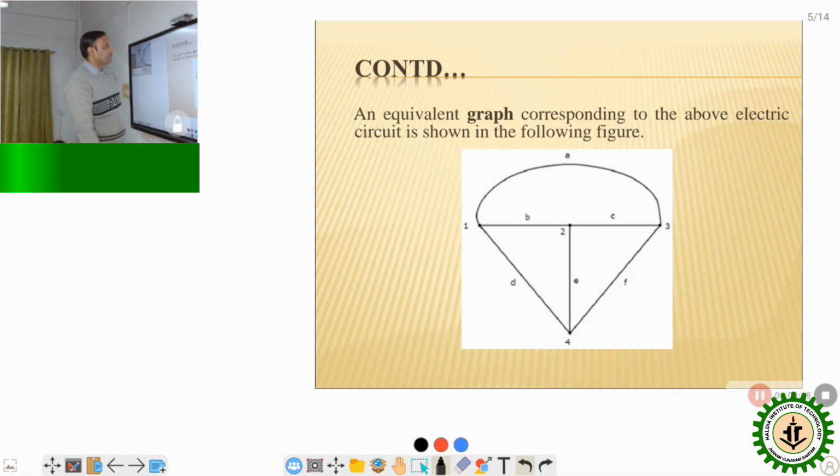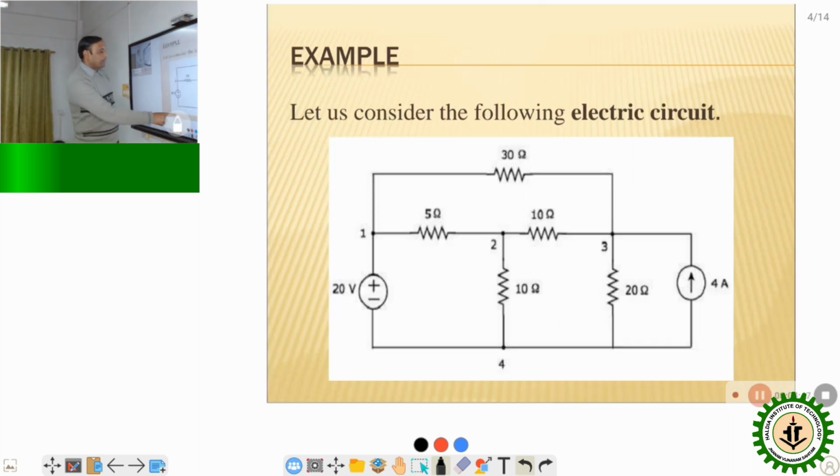Now here, node 1, node 2, node 3 and node 4, all 4 nodes are present, and in between the nodes the branches are present, which are denoted by A, B, C, D, E, F. If we observe the circuit again, we can see node 4.